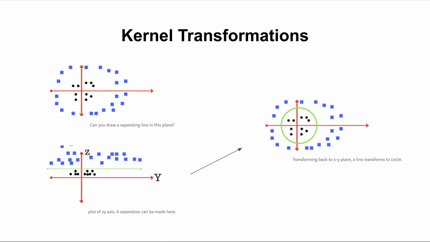So that's not possible. So we apply something known as a kernel transformation to this data. In the graph right below that, the y versus z graph, we've transformed this data to represent it in a different dimensional space. This is a plot of the zy axis, and now we can actually make a separation, which is really cool. And there we go, we made a really nice separating hyperplane line.